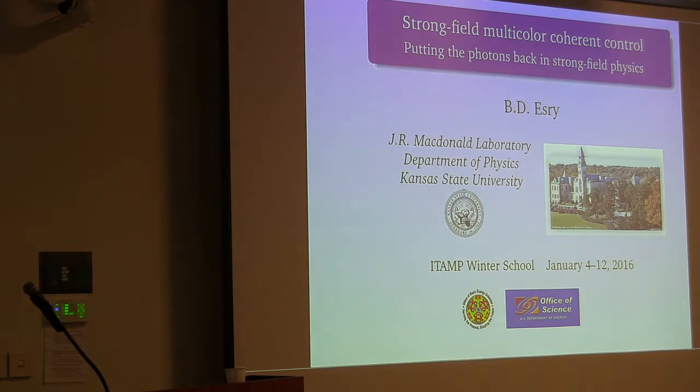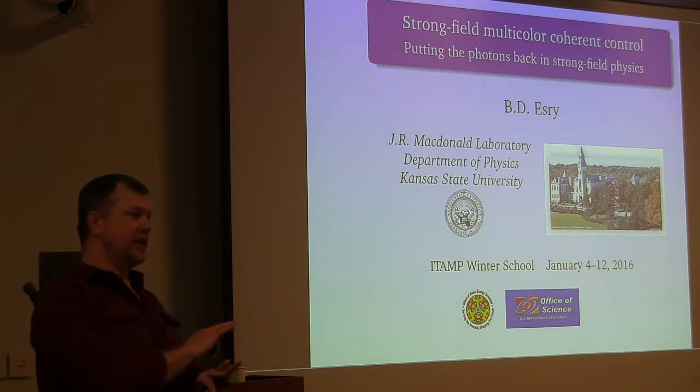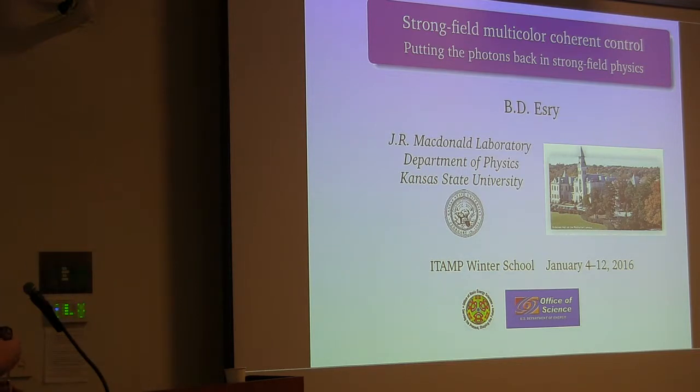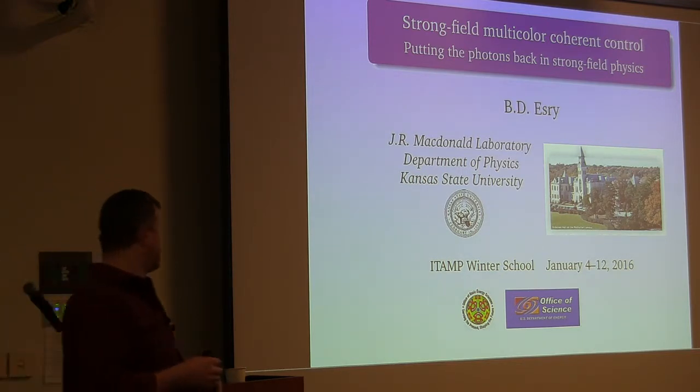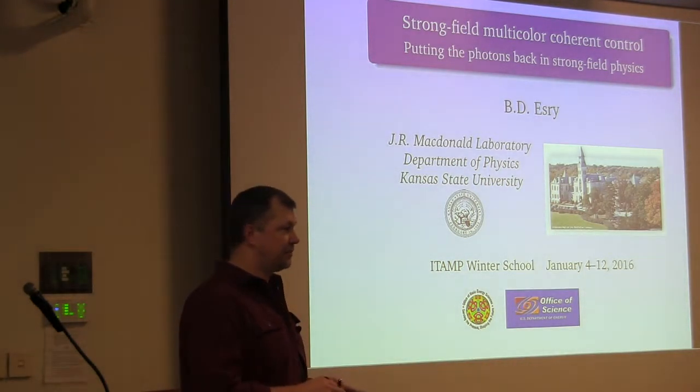We've heard a lot about 3-step models in the field and trajectories. You won't hear any of that in my talk, okay? I'm a theorist, I should have mentioned that probably. I like quantum mechanics, so I look for quantum mechanical explanations of things, not classical, okay?